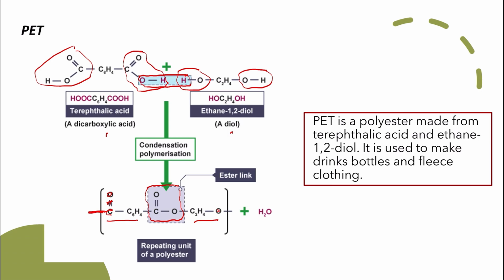On the other side, it's the oxygen from the alcohol on the other link. Don't forget that you have to draw the ester link in between, and then draw the brackets and put the letter n, which means this is the repeated unit repeated n number of times. And don't forget to also draw the small molecule, which is water. So we're going to have n number of water molecules that are released.